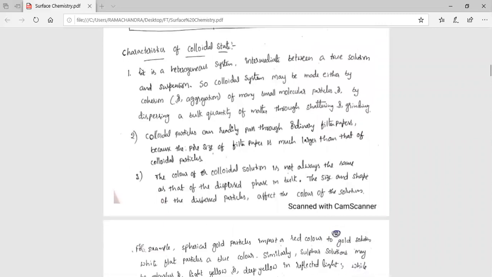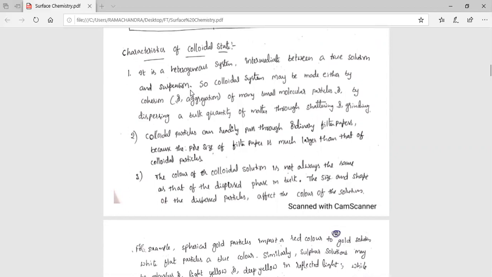Next, we see the characteristics of the colloidal state. So what are the characteristics of the colloidal state? It is a heterogeneous system, intermediate between a true solution and a suspension solution.